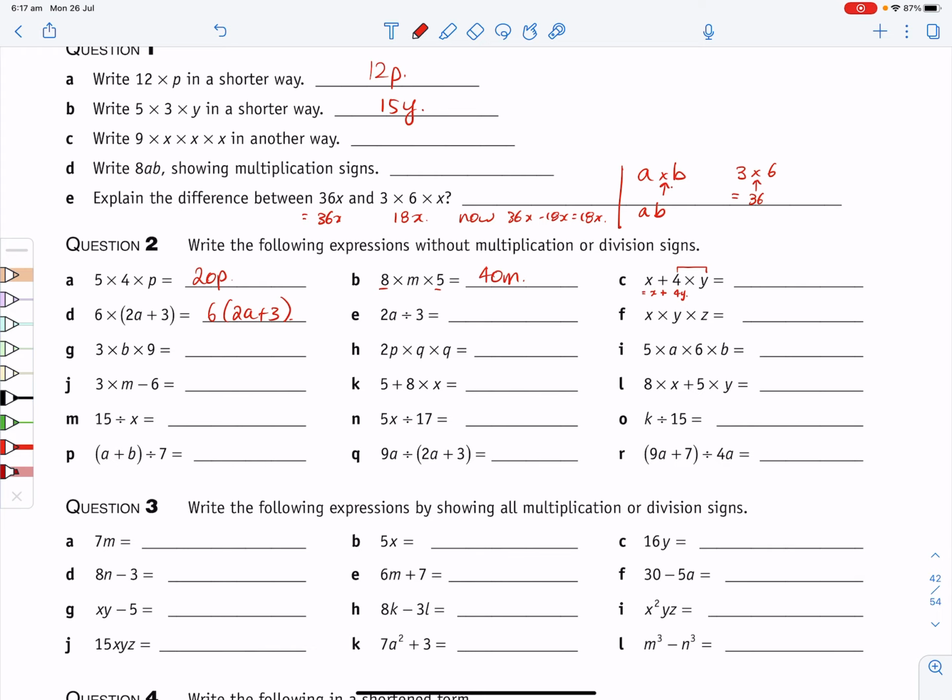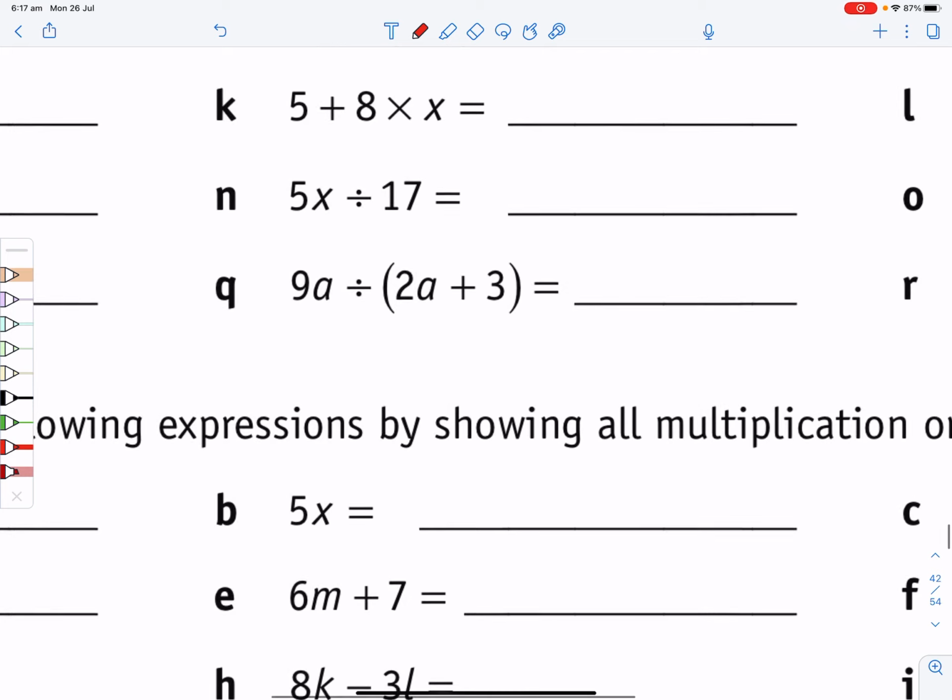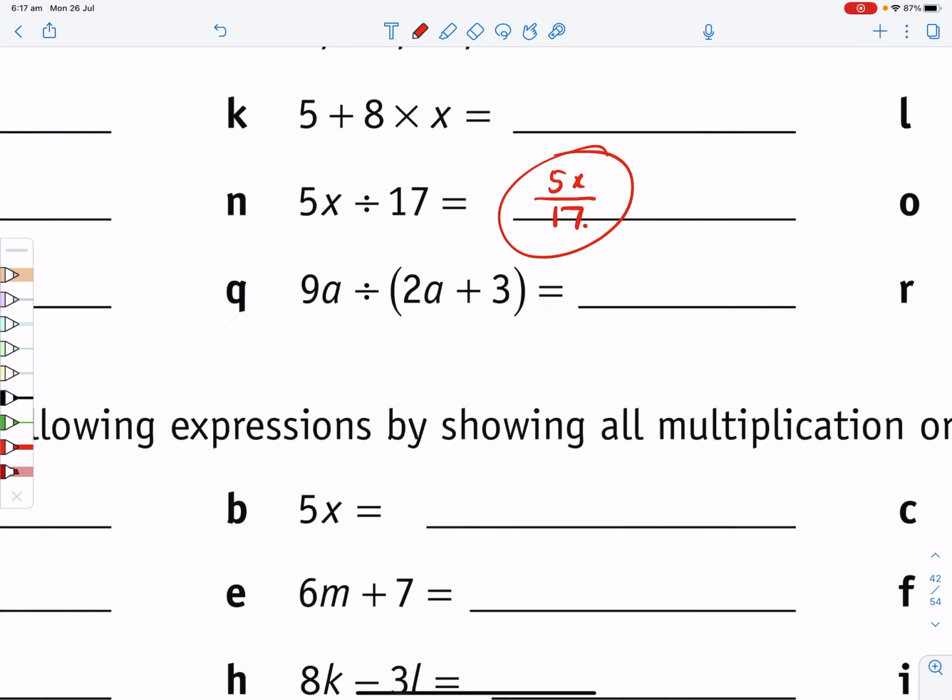If I have a look now at question n, let's do one with division. 5x divided by 17, you just rewrite it like this, because the question said, rewrite the question without any multiplication or division. So that's what I've done here, 5x over 17.